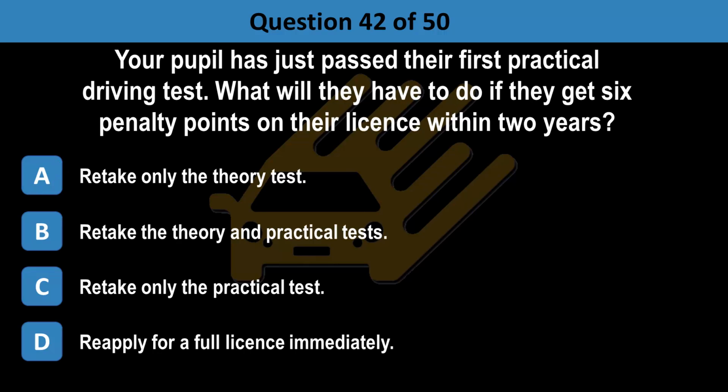Your pupil has just passed their first practical driving test. What will they have to do if they get 6 penalty points on their license within 2 years? A. Retake only the theory test. B. Retake the theory and practical tests. C. Retake only the practical test.